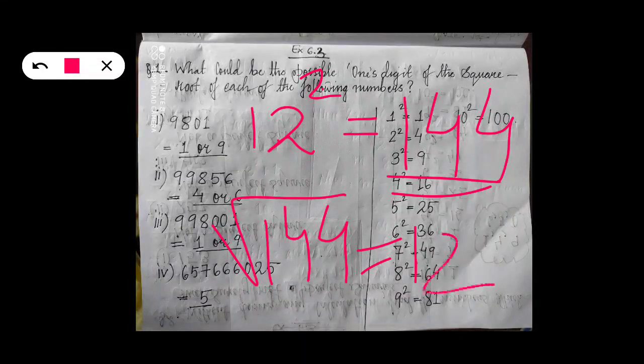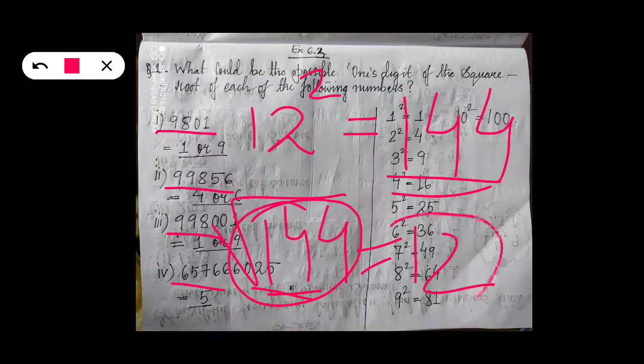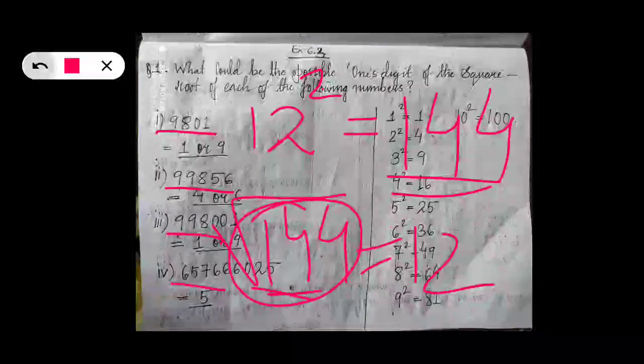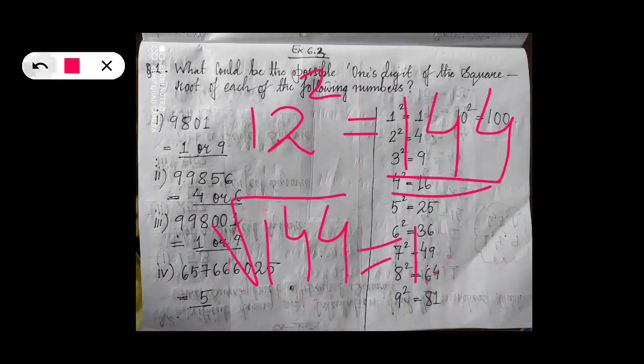Now here the question is asking you, this number is given, like here is 144, isn't it? This number is given. Now the question is asking you the square root of this number, what is there in the unit place, ones digit? What is here in the ones digit? 2, isn't it? So the same thing question is asking you. I'm again giving you the other example.